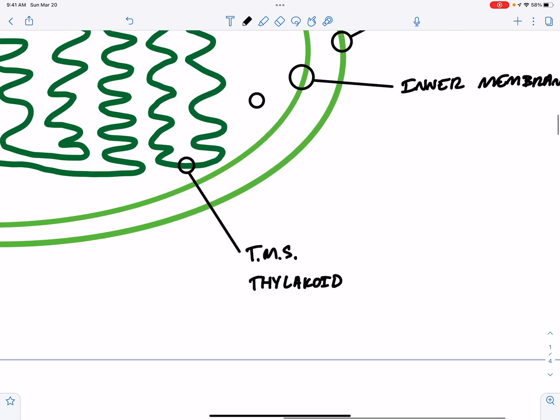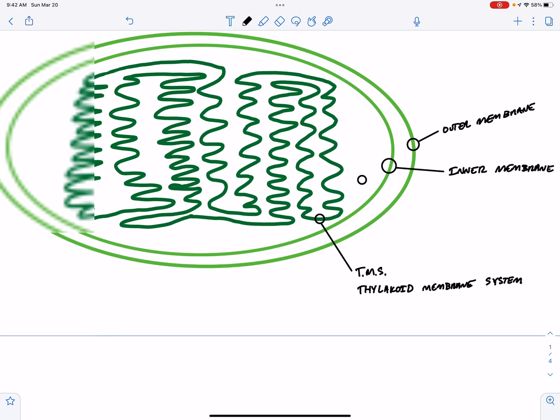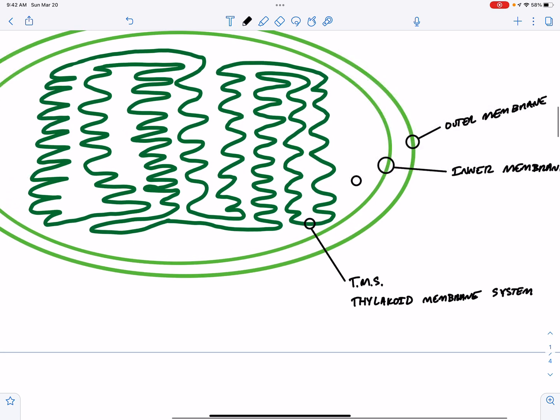Thylakoid membrane system. And the thylakoid membrane system, you'll notice, is highly folded.